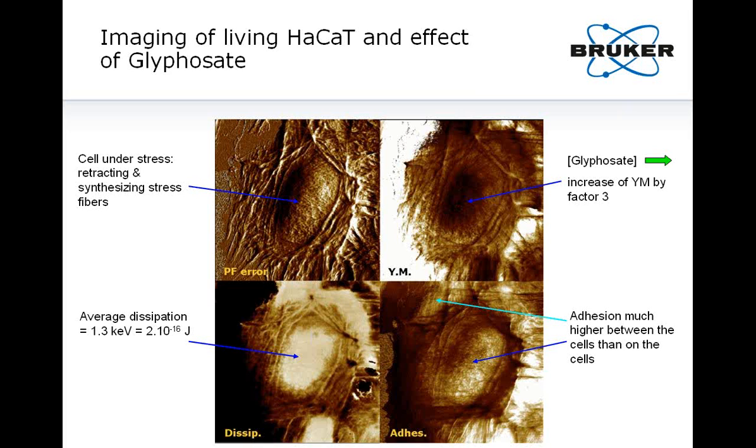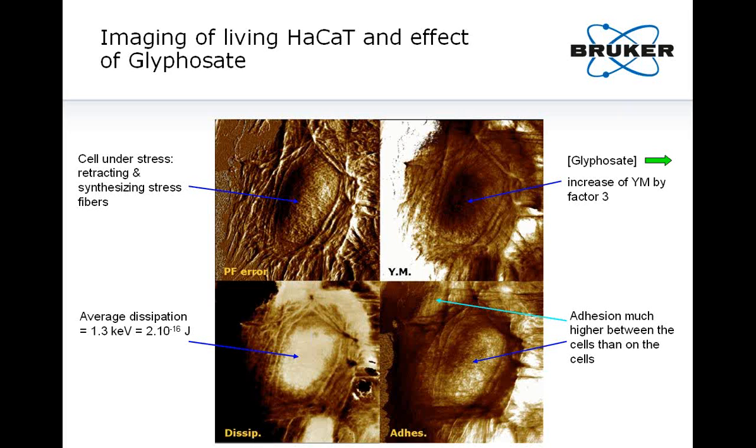The main consequence is first a striking change in topography. You can see on the top left image that cells tend to retract and synthesize stress fibrils in less than half an hour. And also a very striking change in elasticity. For a glyphosate concentration of 15 millimolars, the average Young's modulus is increased by a factor of approximately 3.